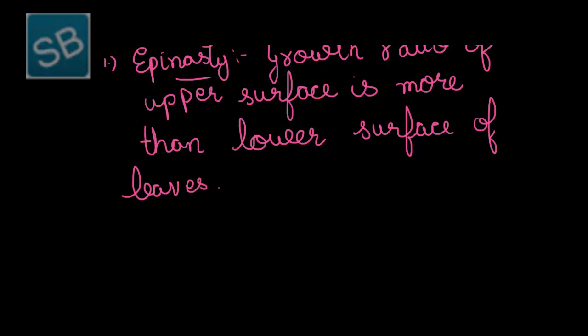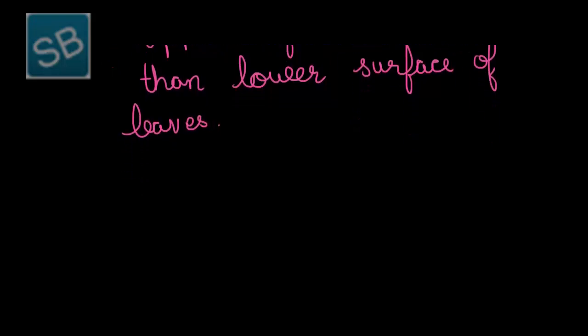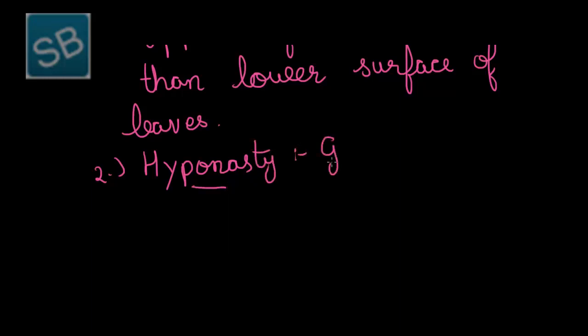Then the second type of movement that comes under autonomous curvature movement is hyponasty. In this, the growth ratio of the lower surface of leaves is more than that of the upper surface.